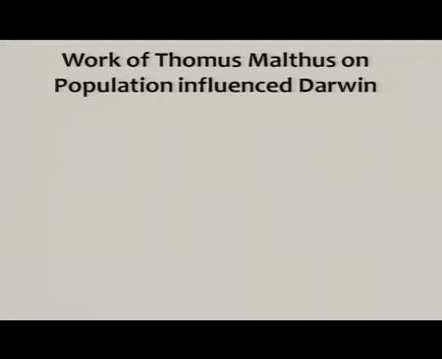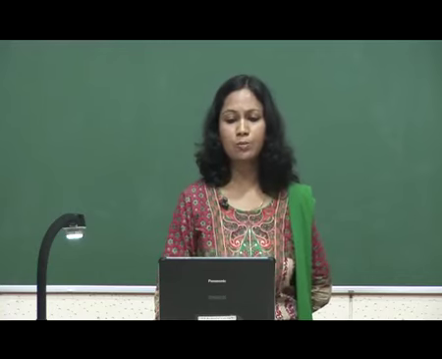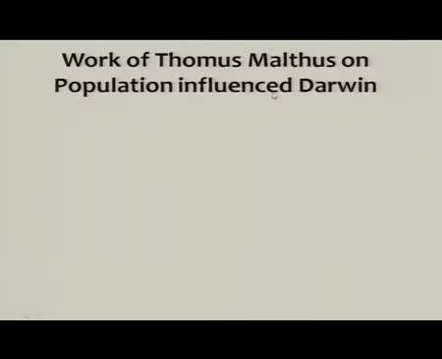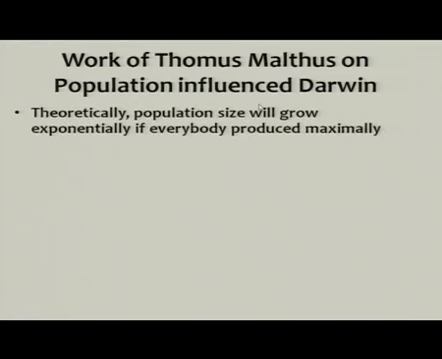So, Charles Darwin was also influenced by the work of other scientists. It was not his sole work. He did a great work, but he was also considerate about other work which could in any way help his work. For example, the work of Thomas Malthus on population influenced Darwin very much. What did he say?